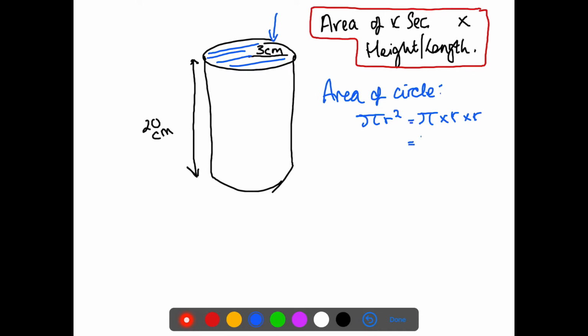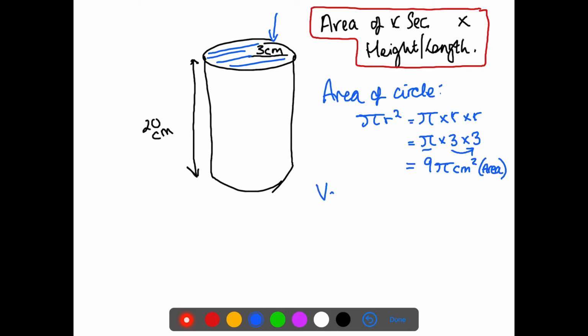The radius in this case is 3, so that's going to be pi times 3 times 3. For now, I'm going to leave pi as it is until right at the end. There's no need to do some extra working out if I don't have to. Well, 3 times 3 is 9, so we actually end up with 9 pi. That just means 9 times pi, which is what is actually happening here. I'm going to leave that as it is, and that's in centimetres squared because that's the area.